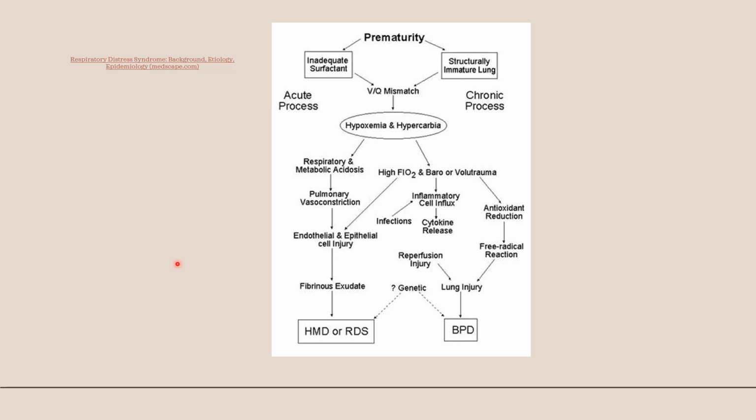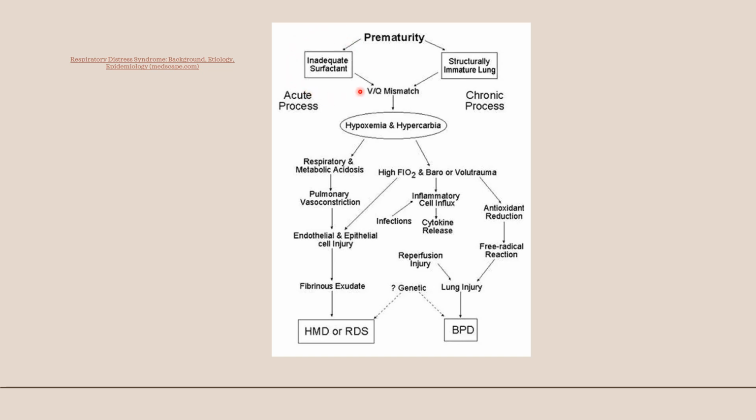And another little diagram for you, just taking a look at prematurity and showing our different issues of inadequate surfactant in a structurally immature lung. And here we go, thinking about it as a VQ or ventilation perfusion mismatch. Inadequate surfactant leads to collapsed alveoli.